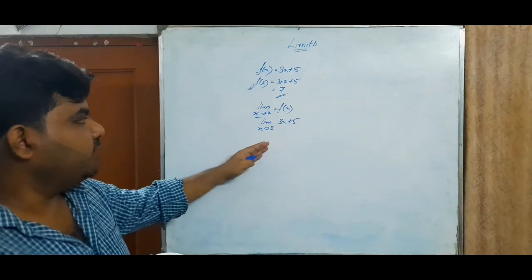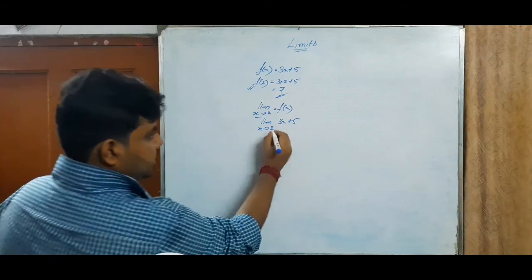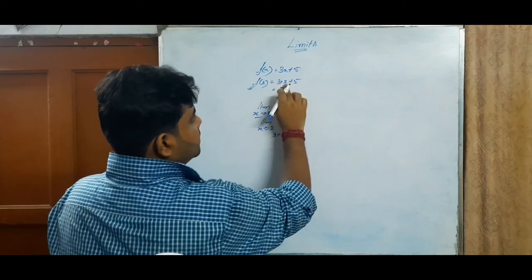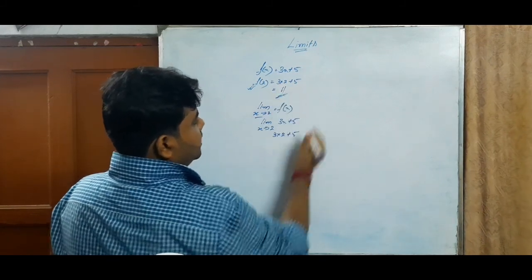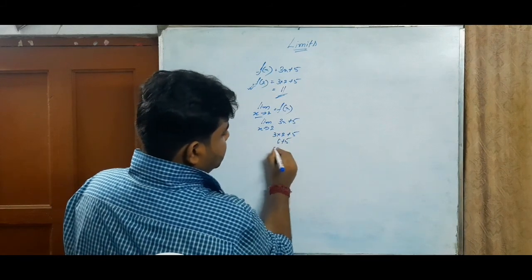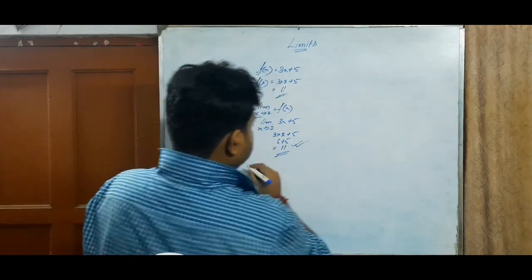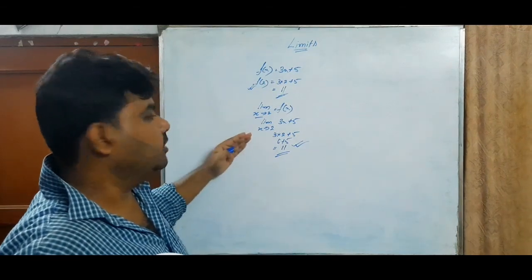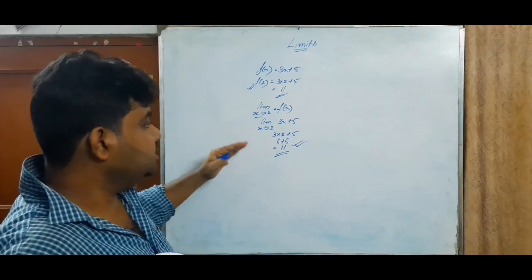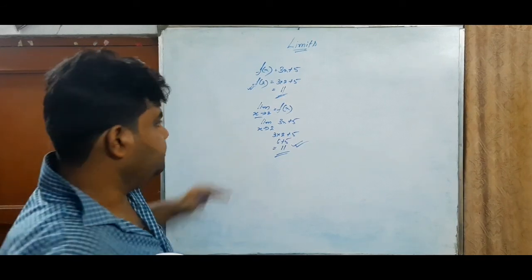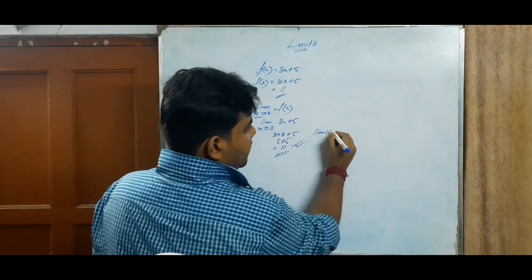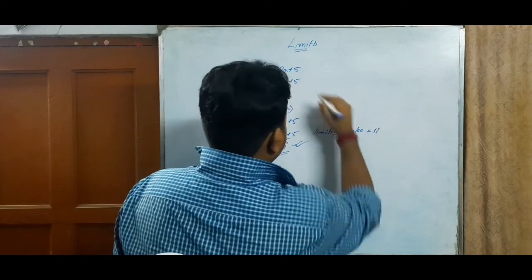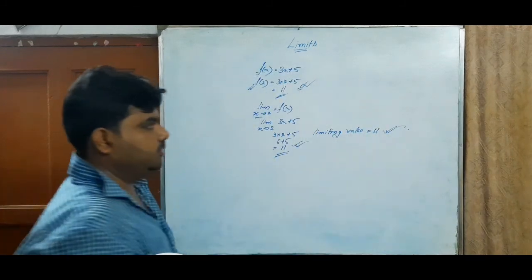Now we will put the value of x, that is 3 into 2 plus 5, 6 plus 5, that is 11. Now see, this is the limiting value. We are evaluating the value with the help of limits. So the limiting value equals 11. This is also 11 and this is also 11.